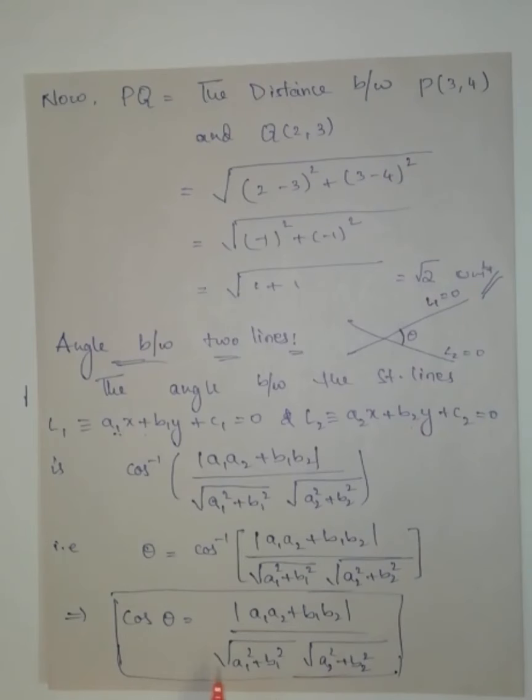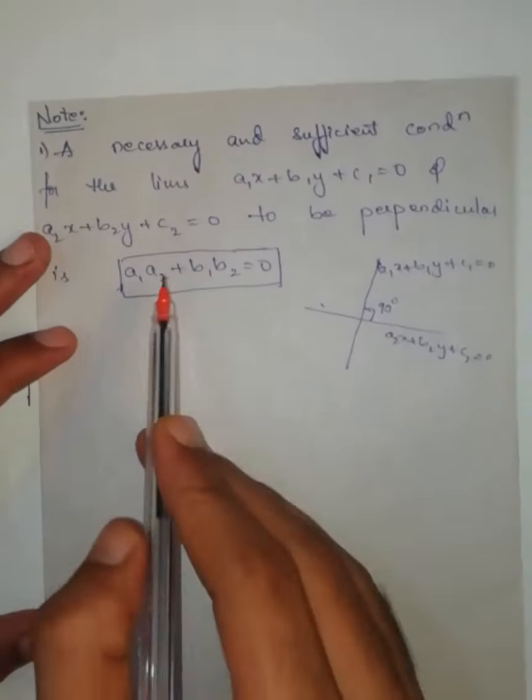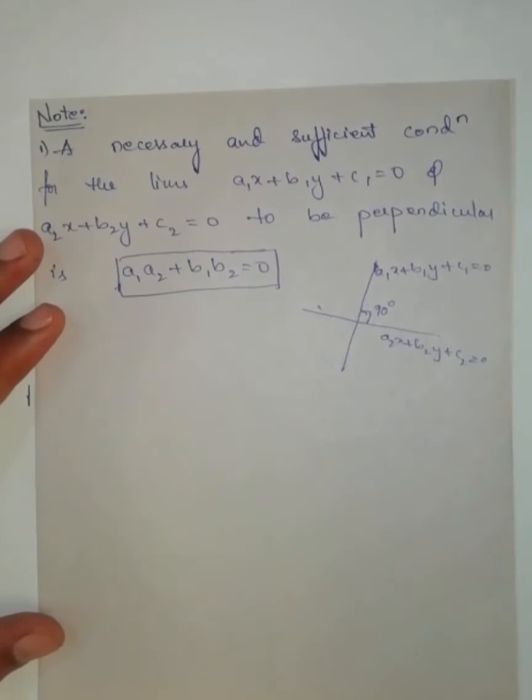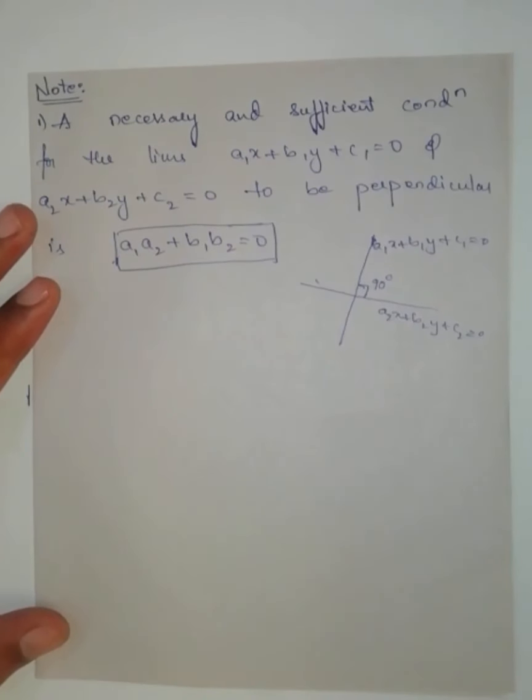Now I will cross multiply. 0 into anything will become 0. So 0 is equal to this one, only the numerator. The fraction will be 0 only if this part is 0. That is, we will get a1 a2 plus b1 b2 is equal to 0.